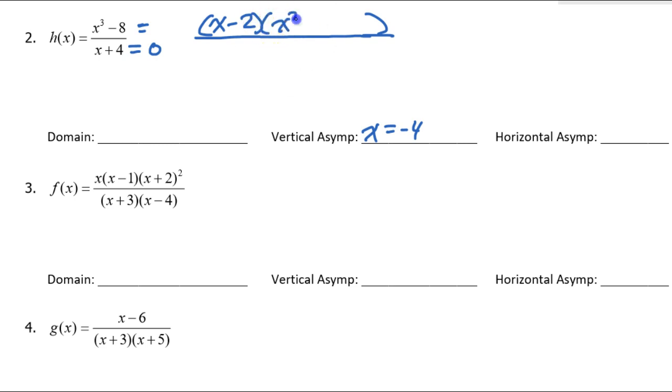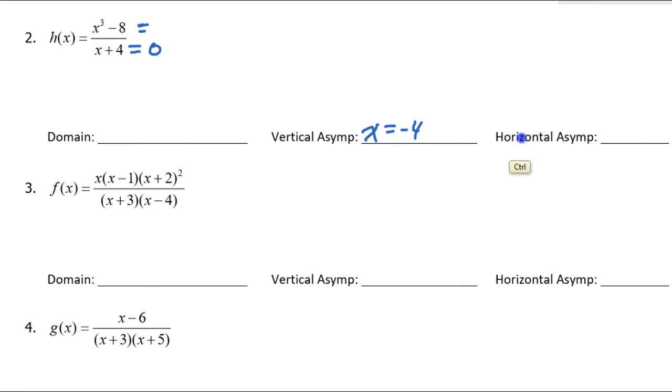And then I'd have x squared plus 8x plus 4. All right, but the x minus 2 and the x plus 4, nothing canceled out, so there are no holes. Okay, and in fact, with that in mind, I don't really need to worry about the factorization.